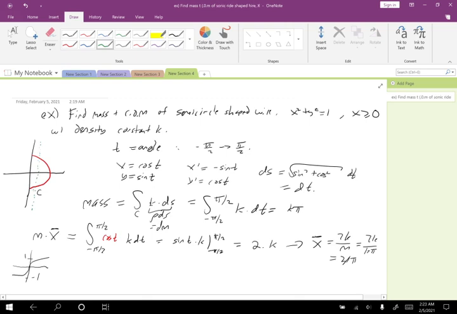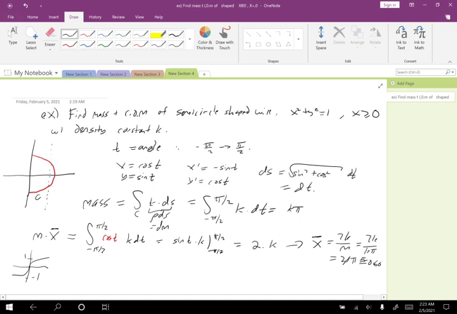And that kind of makes sense because it seems as though more of the mass will be concentrated closer to the origin because it's flatter near y. But I'm sorry, more of the mass should be concentrated elsewhere. Right, 2 divided by pi is around 2/3, right? Well, I'm just going to draw it around here.